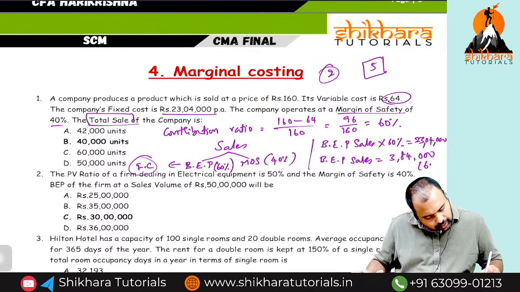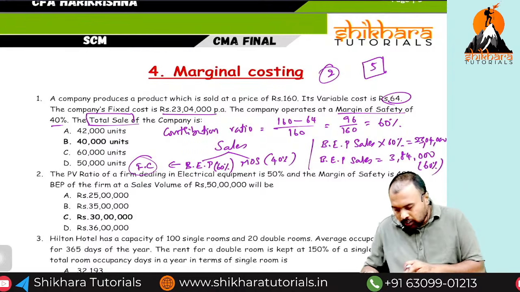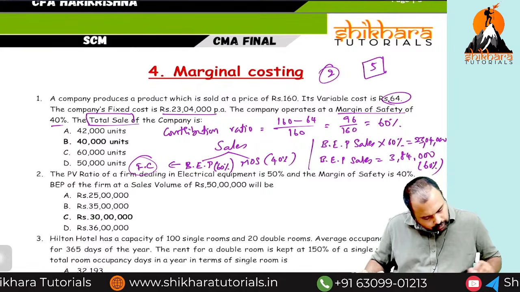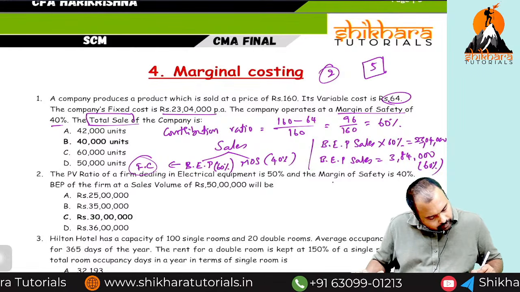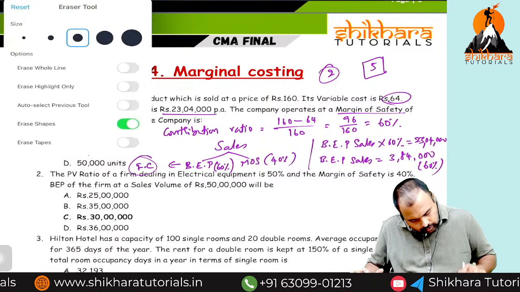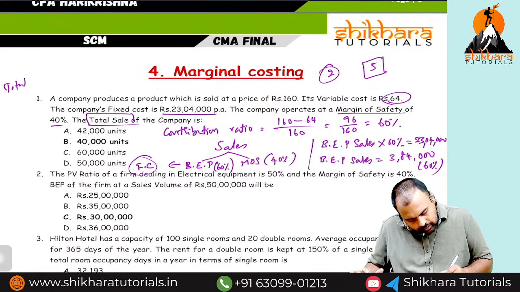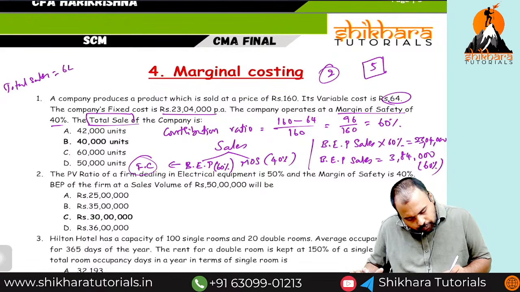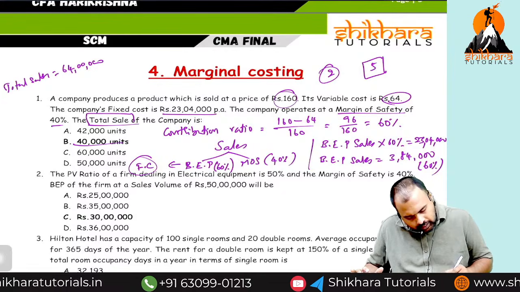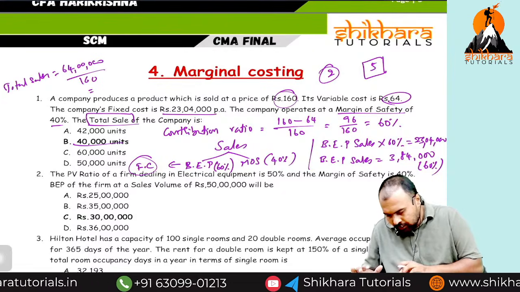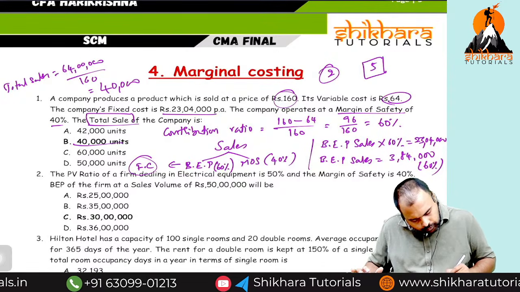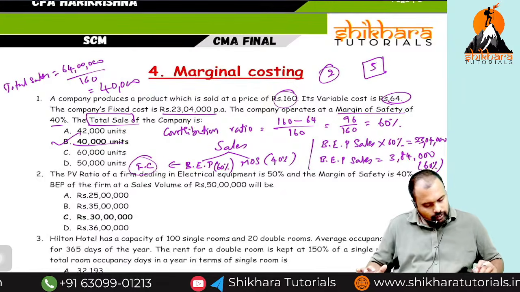And this is nothing but 60% of the sales. Then total sales again divided by 60%, 64 lakhs. So your total sales has to be 64 lakhs, but they're asking in units. Selling price per unit is 160, so divided by 160, which is 40,000. So 40,000 has to be the answer.